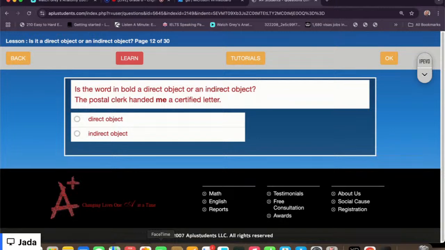So the postal clerk handed me a certified letter. What do you think here? Okay.